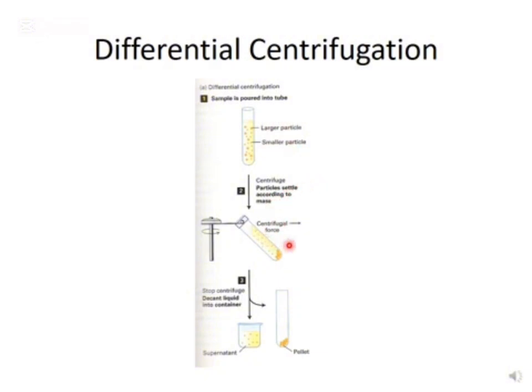Centrifugal force is directly proportional to the mass of the particles inside the tube. So once centrifugation is stopped, the larger particles condense at the bottom of the tube, forming an aggregate called a pellet, and the remaining smaller particle proteins that are usually still in solution remain in what we call the supernatant.